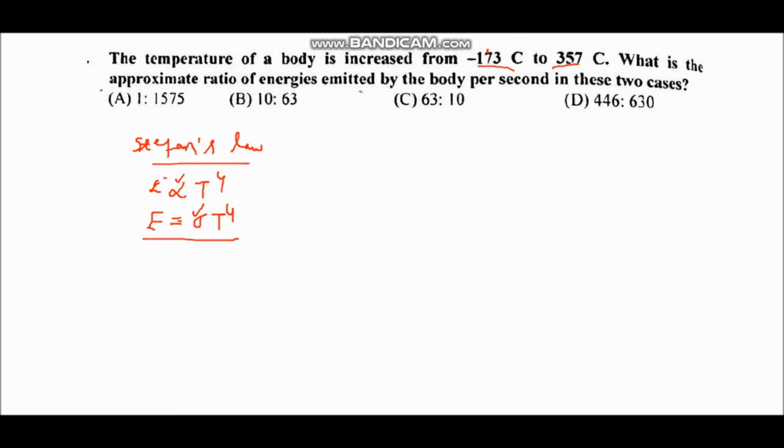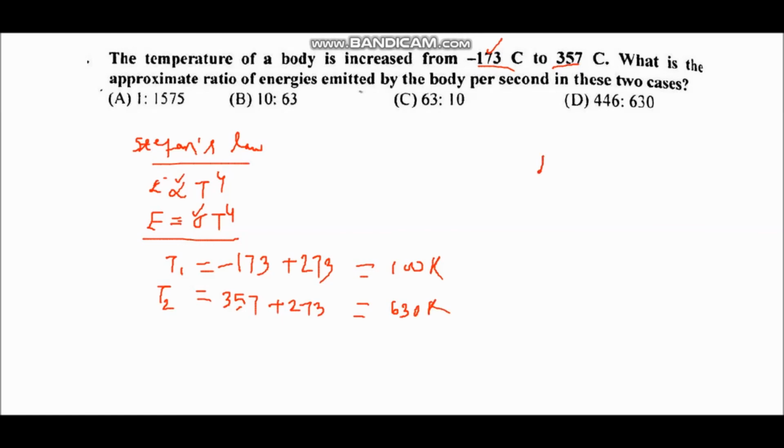Now we have two temperatures, so T1 is minus 173 degrees and T2 is 357 degrees Celsius. In order to convert the temperature into Kelvin, we will add 273 in both the temperatures. So here we will get 100 Kelvin and here we will get 630 Kelvin.